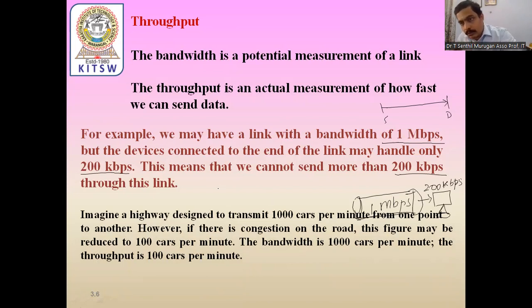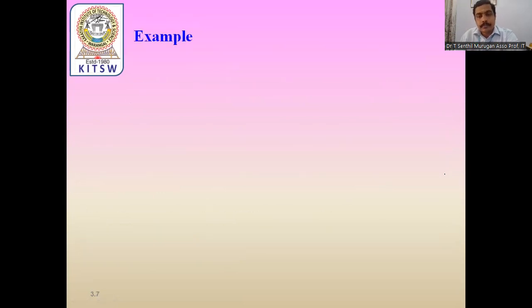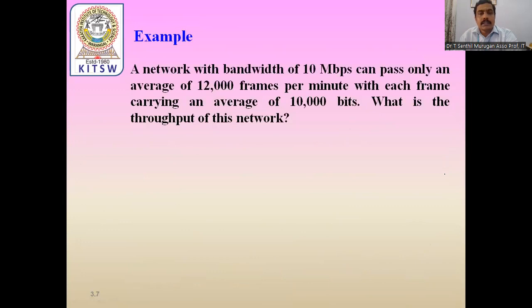If we put 1000 cars on a road, the road will be filled and congestion occurs. So the bandwidth is 1000 cars per minute, and the throughput is 100 cars per minute. Here, bandwidth is 1 Mbps and throughput is 200 kbps. Now we will see simple examples.